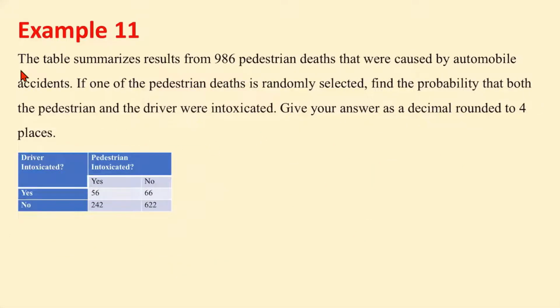Here is that. Okay. The table summarizes the results from 986 pedestrian deaths that were caused by automobile accidents. So when you add all these, it is 986. If one of the pedestrian deaths is randomly selected, so here we are just selecting one, we have to find the probability that both pedestrian and driver were intoxicated.